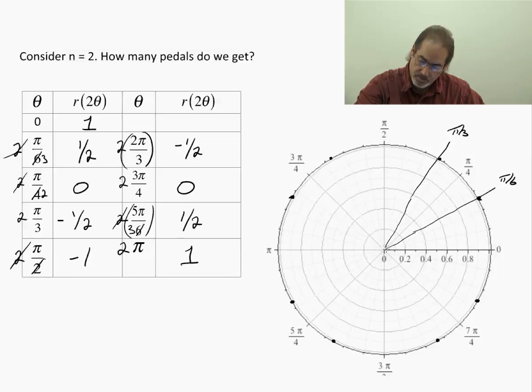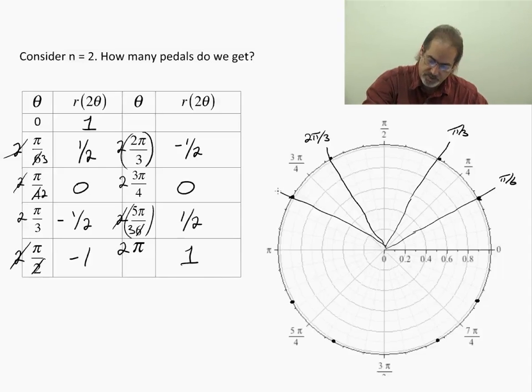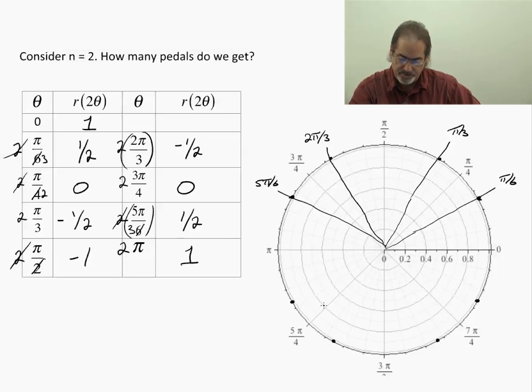Over here, that's going to be roughly 2 pi over 3. And this is going to be approximately 5 pi over 6. And then we can keep going with this as we need to, and we will shortly. But let's just take it from 0 to pi right now.